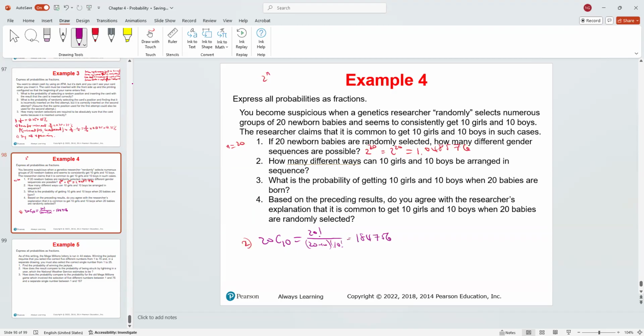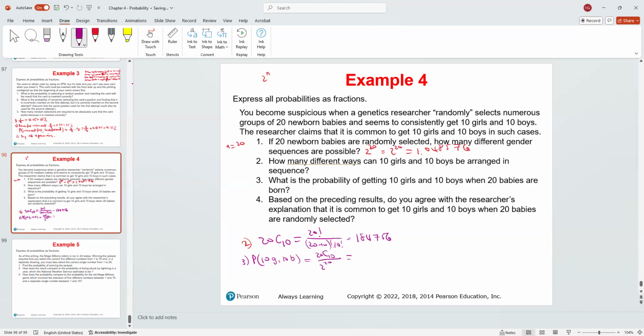The probability of getting 10 girls and 10 boys is the combinations over the big total. So for us, it's 20 C 10 over 2 to the power 20.